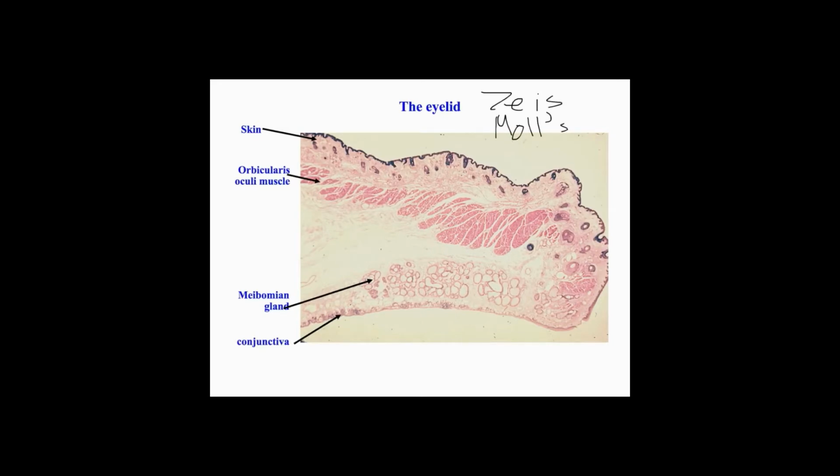Here we have the sebaceous gland called Zeis accompanying the hair follicles, and apocrine sweat glands also accompanying them in relation to the skin side. It is called Moll's gland. Take care that the inflammation of this Zeis gland here will lead to the development of what is called a stye.